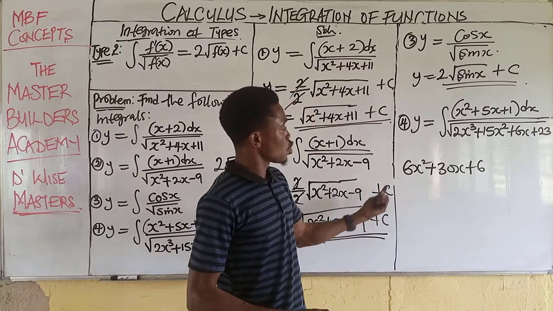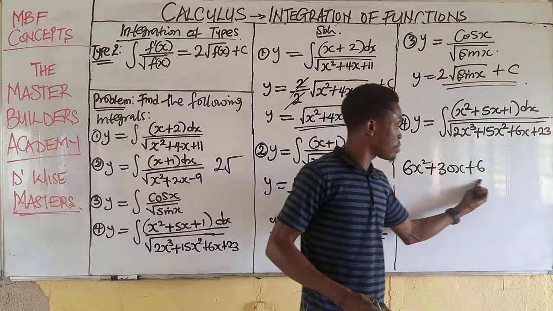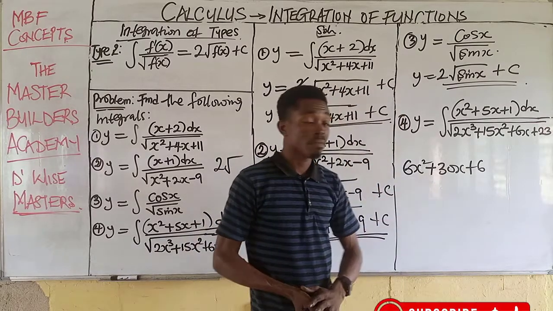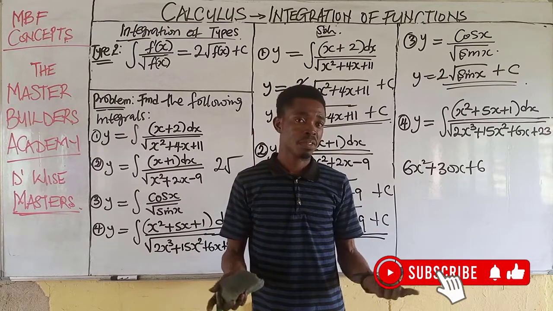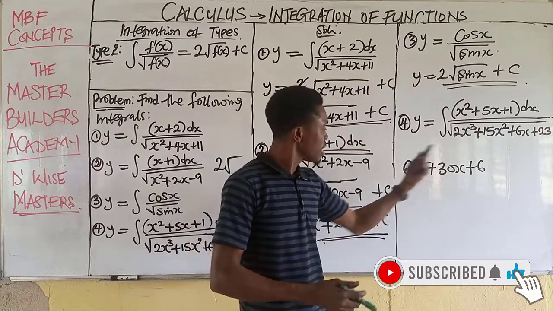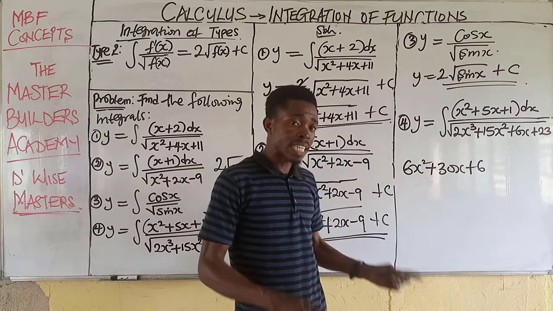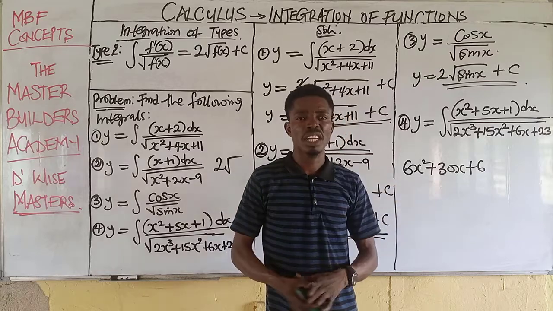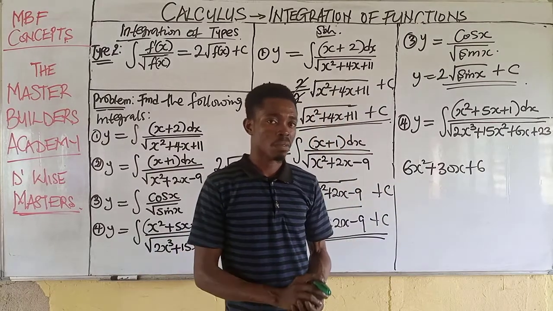Now, all I need to do is to check what is common between these terms that are here. What is common here is 6. The highest common factor is 6. First, 2 is common. Second, 3 is common. Then third, the value which is the first coefficient of x squared is common. 6 is common.